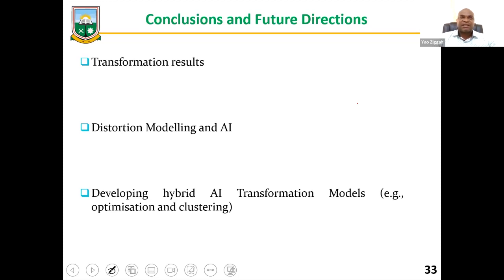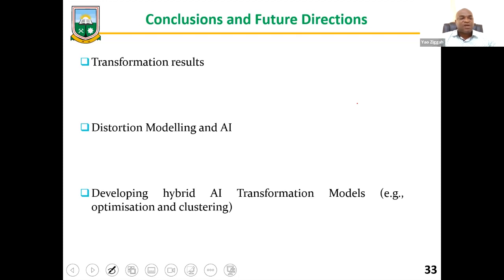If you have huge data sets and you want to use them for AI transformation work, there is a need for us to also look at clustering, where the data can be partitioned by similarity into different groups, and then models can be created for each partition. This will further enhance the transformation results that we've been getting so far.